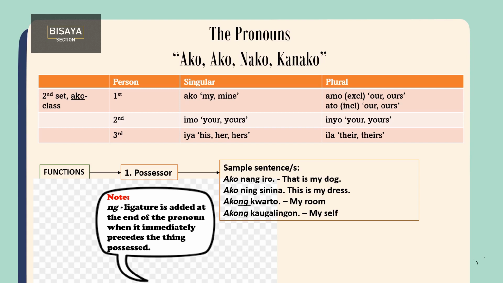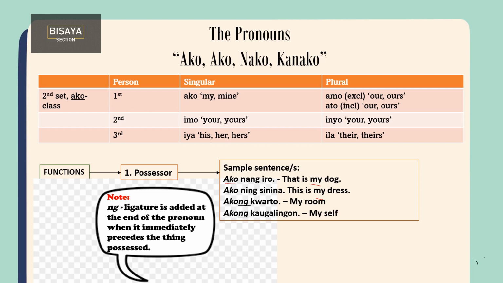The sample sentence is akong iro. That is my dog. Notice, ako refers to my and it possesses something, like the dog. Akong sinina. This is my dress. Akong kwarto. My room. Akong kaugalingon. Myself.